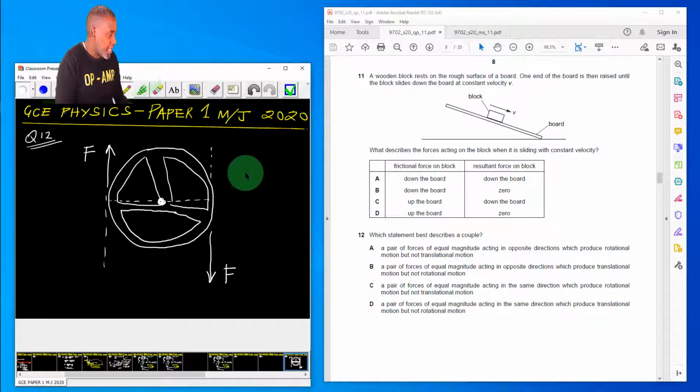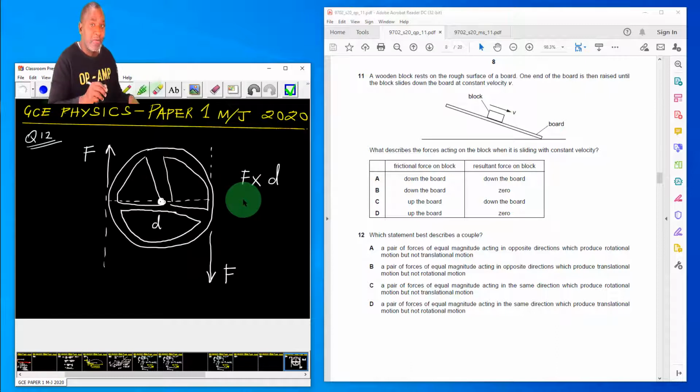is given as just one of the forces times the perpendicular distance between them. This will give me the moment of the couple. But a couple itself consists of two forces which are of equal magnitude, parallel to each other, and they act in opposite direction. And then they don't share the same line of action.